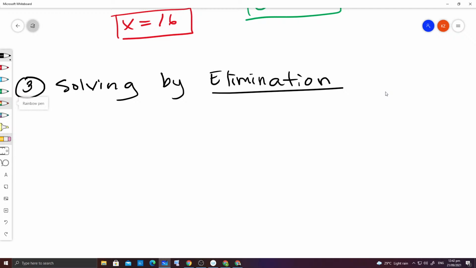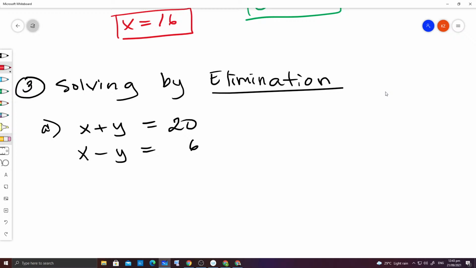So for letter A, we have x plus y equals 20, and then x minus y equals 6. Okay, let's line it up. How are we going to do it? You can see that we have positive y and negative y.